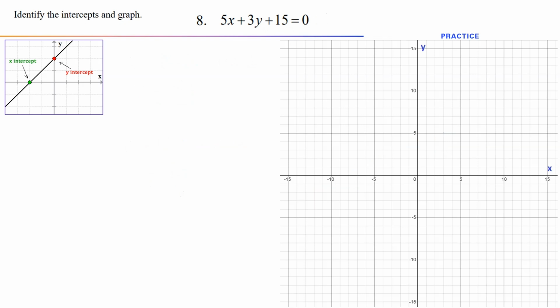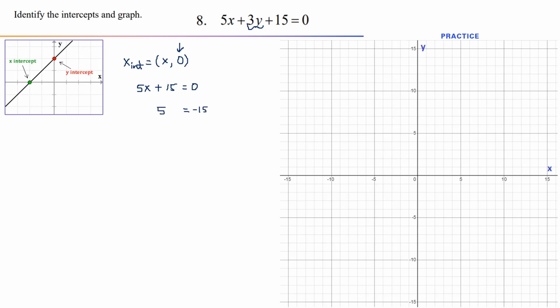Okay, this question is similar, right? So we have the x-intercept equal x comma 0. Now when y equals 0, the 3y should be equal 0. We have 5x plus 15 equals 0. We subtract 15 from both sides.